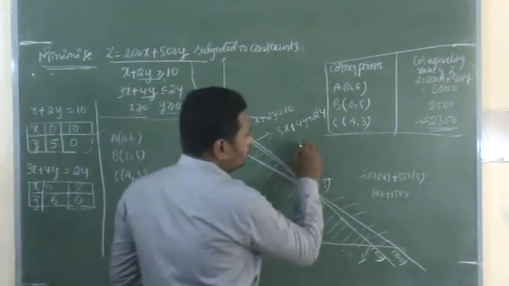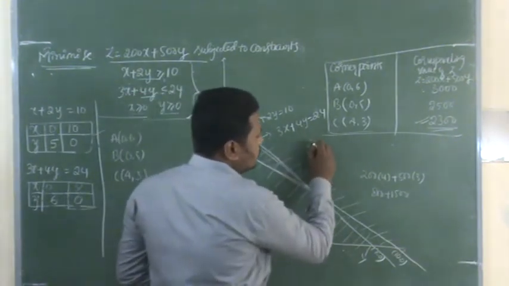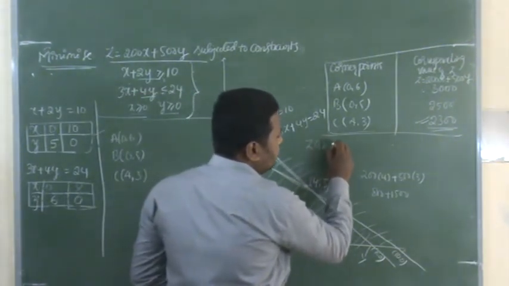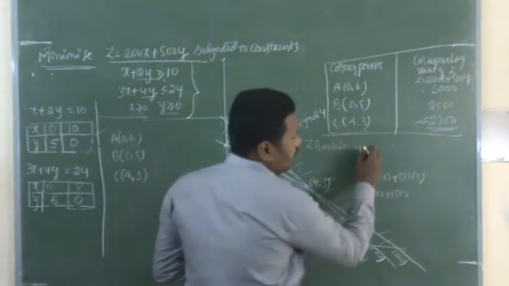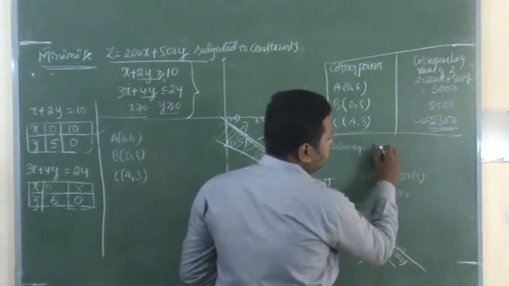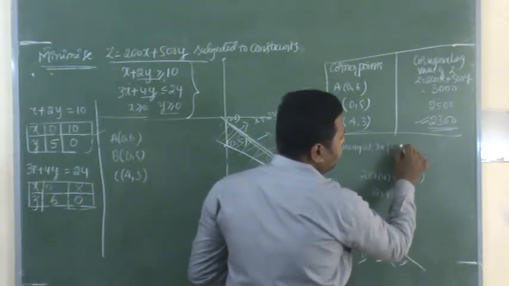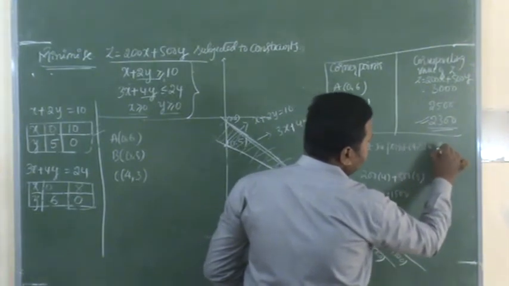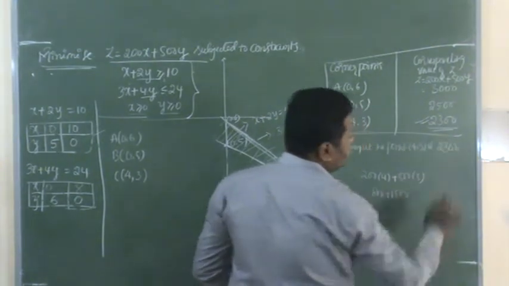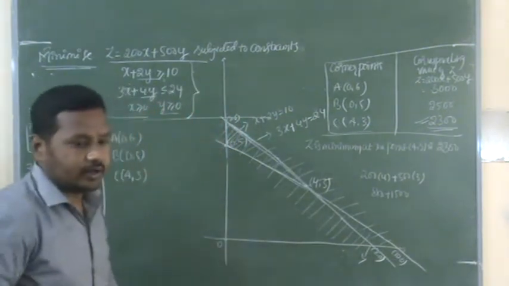Therefore, the conclusion: z is minimum at the point (4, 3), and the value is 2300.